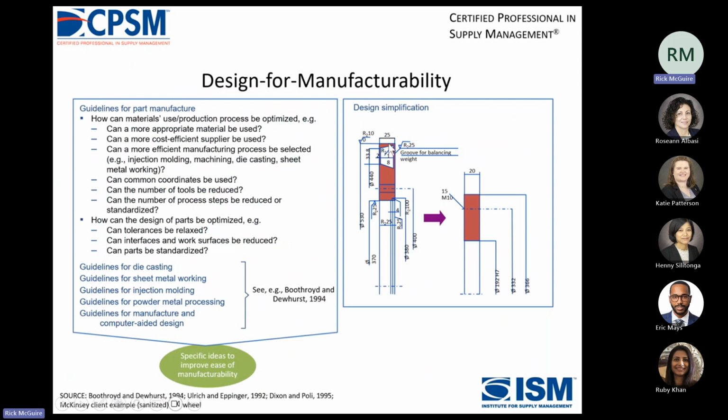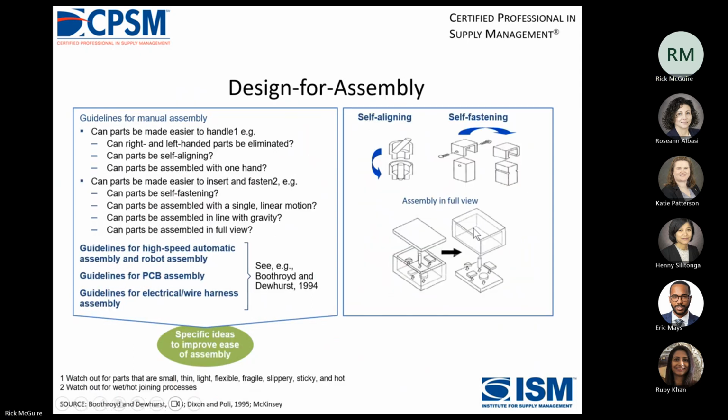Design for manufacturability. These have to do with tolerances here and materials. And then design for assembly. So self-aligning parts, self-fastening parts, that type of thing. That just helps them put the thing together on the factory floor.